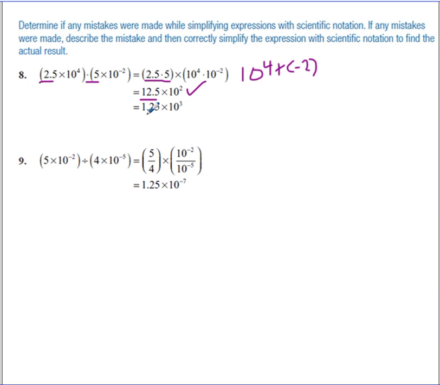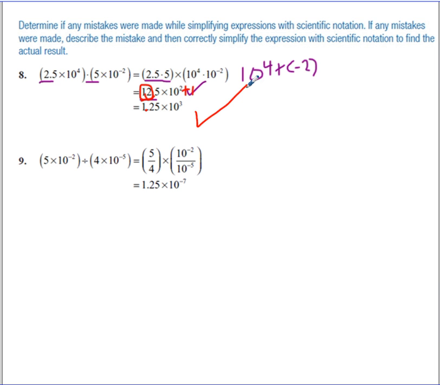But notice they still have another answer here because our 12 has 2 digits, and that's not proper scientific notation. So we had to move that decimal in one time to get it to where it needs to go here. And again, 12.5 is bigger than 1.25. And so what they did was they added 1 to our exponent to show that extra move there at the end. So that's why the answer is 1.25 times 10 to the 3rd power.